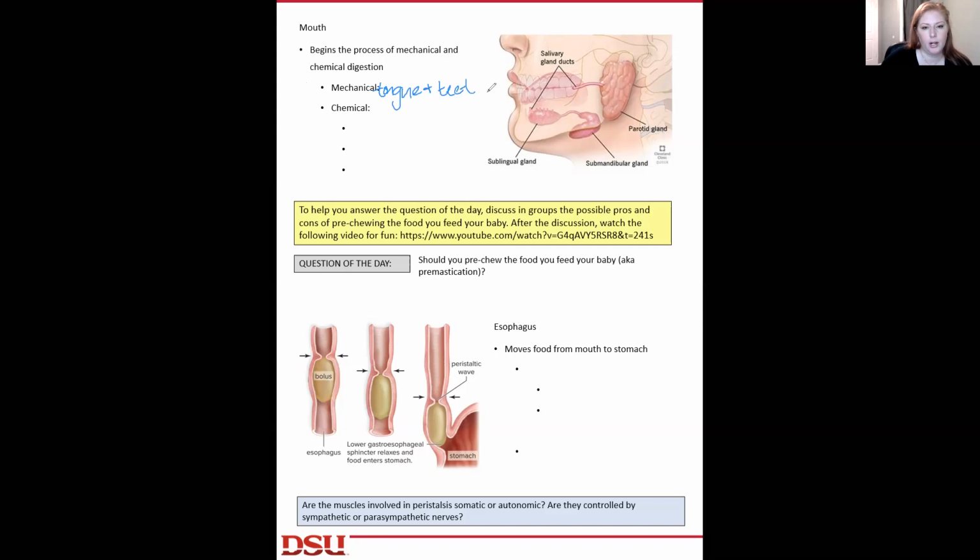The chemical part is a variety of different enzymes that are secreted in our saliva, and that comes from salivary glands. We have 3 pairs of those, which you can see in this diagram.